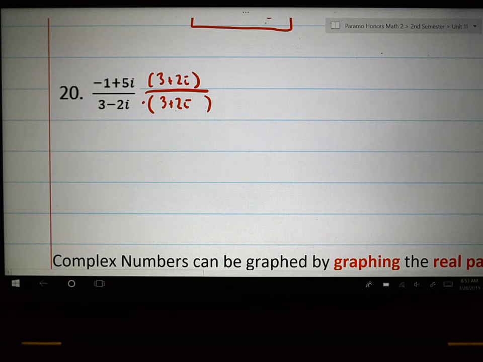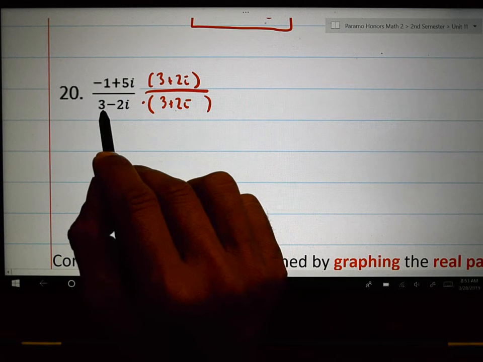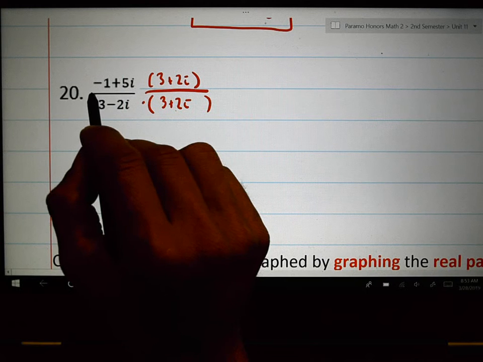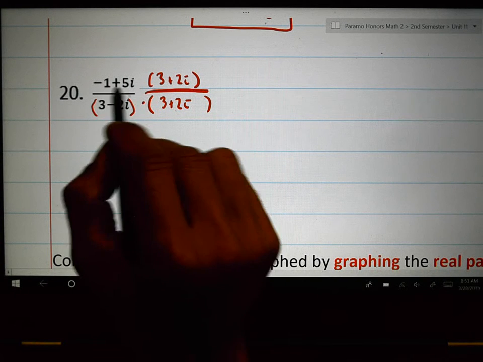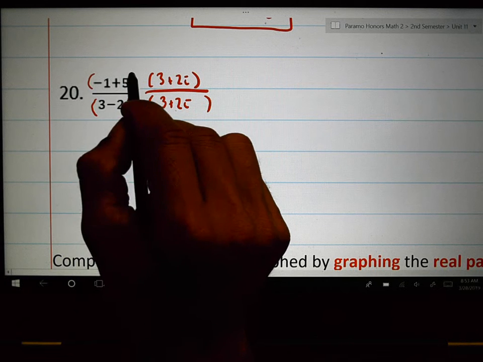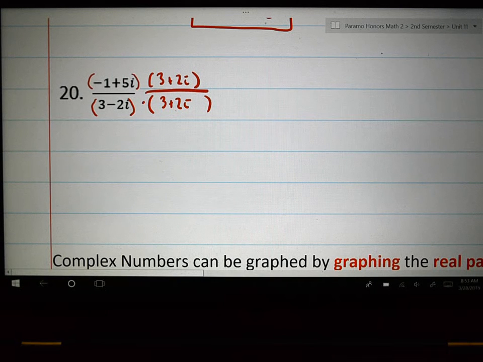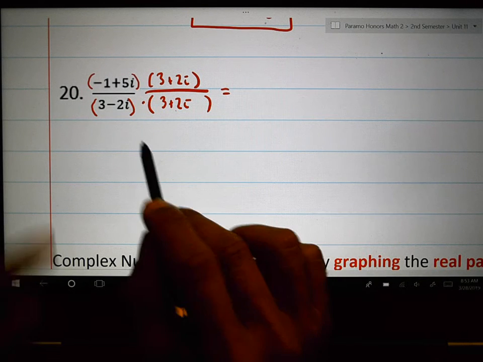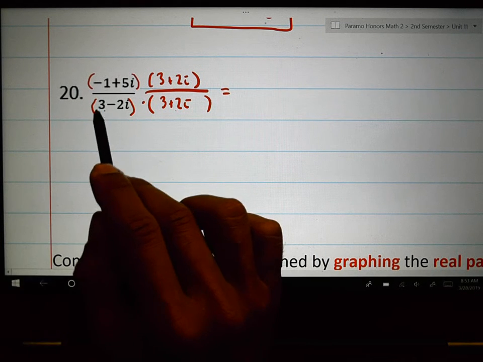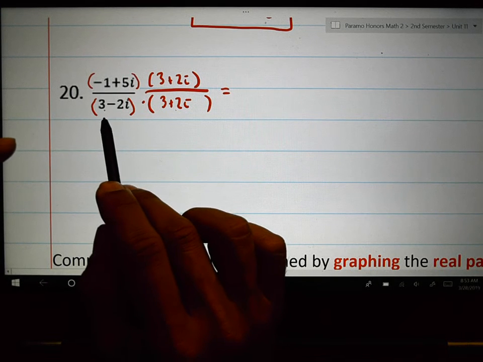When you're multiplying this times that, you need to know that this line means that this is a group. And this line means that that is a group. Don't forget that, because in actuality we are foiling both of these numerators and denominators. It's almost like two separate problems. So if we do the denominator first, this is going to show you why we did the conjugate.